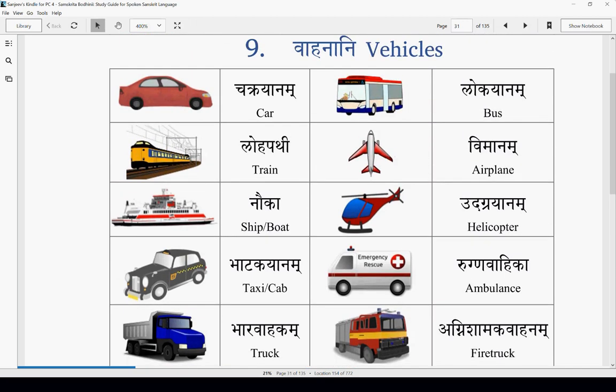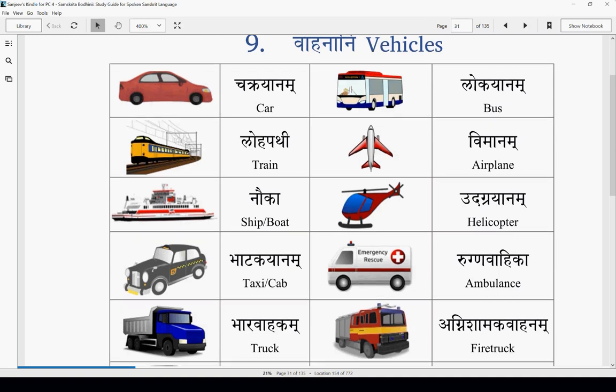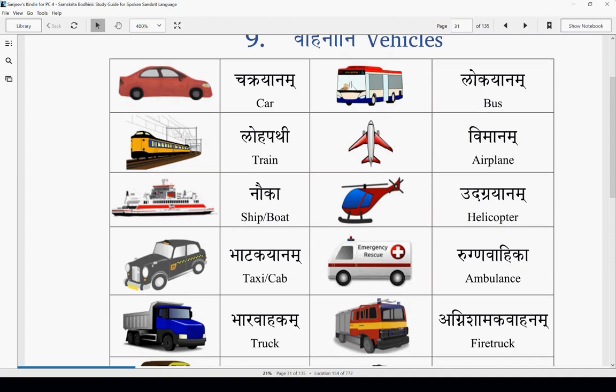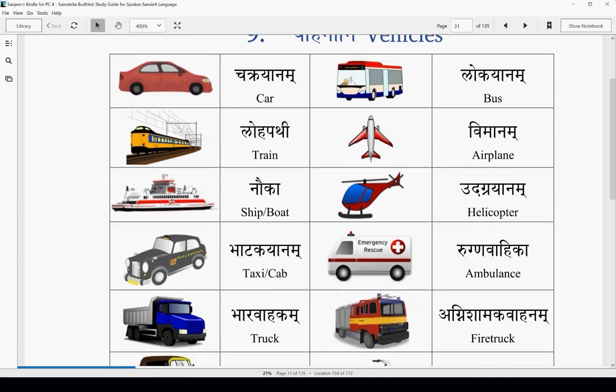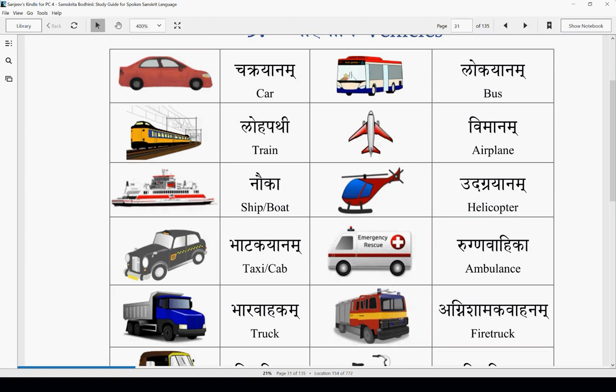One thing, Lohapati. Loha means metal or steel. Pathi means one which goes on that, like a rail. Nauka, ship and boat. We have Udagrayanam, the helicopter.